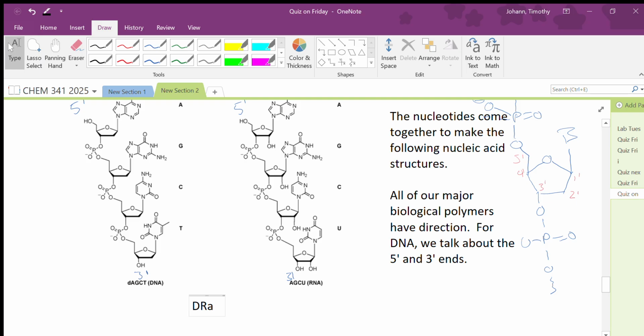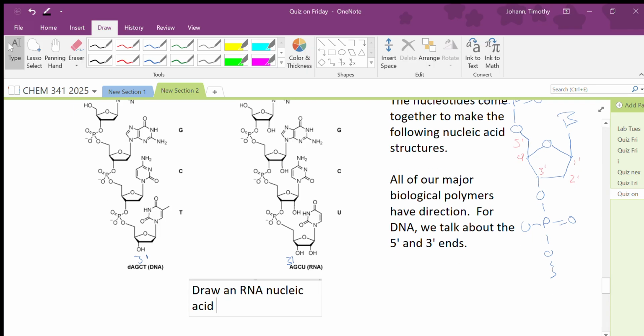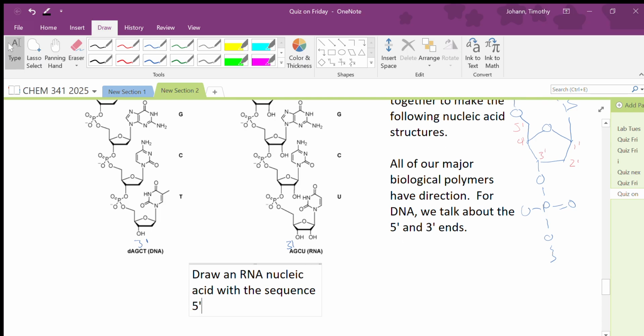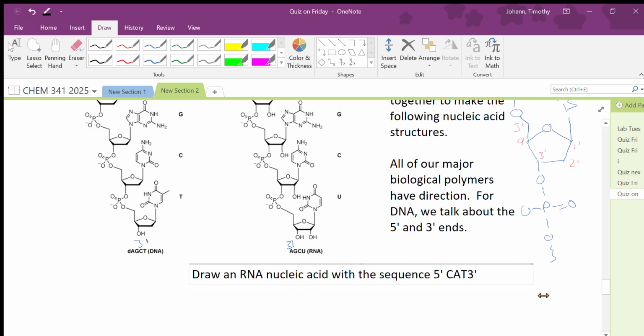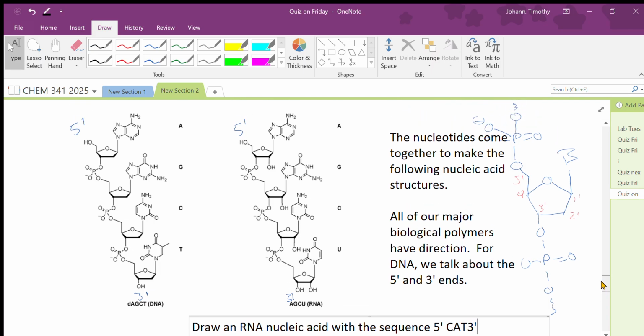So draw an RNA strand. I'll stretch this out, make sure you can see all the bases. So go and do that, practice that.